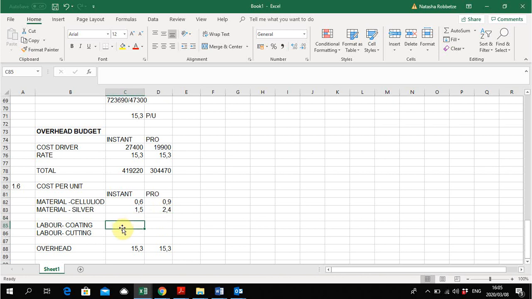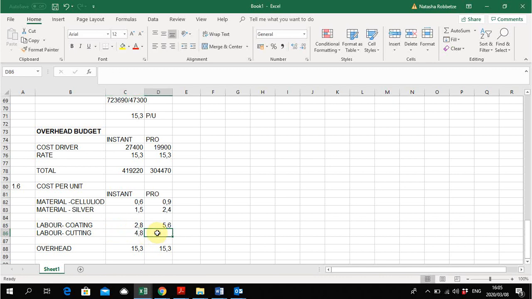Then in terms of the labor, for the coating, the Instant Image uses 12 minutes, and the rate is 14 Rand for coating. The Pro Image uses 24 minutes, and again the rate for coating is 14 Rand. For the cutting, 18 minutes are used for the Instant Image, so that's 18 out of 60 minutes at a rate of 16 Rand.